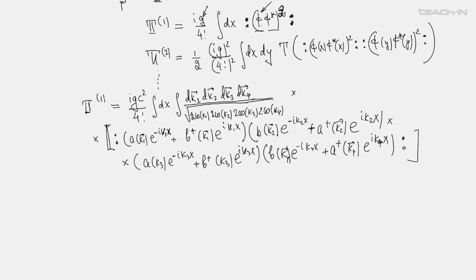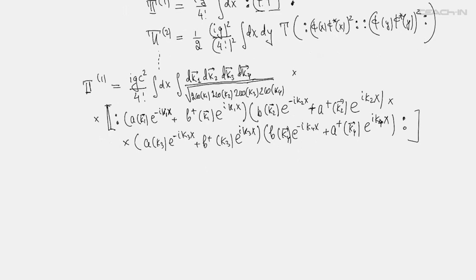And so now if you open all these brackets and write this expression in the normal ordered form, how many terms will you get? You will get 16 terms, right? 2 cross 2, 2 from here, 2 from here is 4, by 2, 8, and by 2, 16 terms. And the product of any of these oscillators will be accompanied by the product of the corresponding exponentials which they contain.